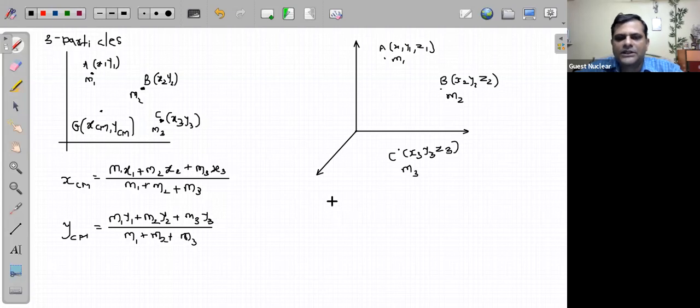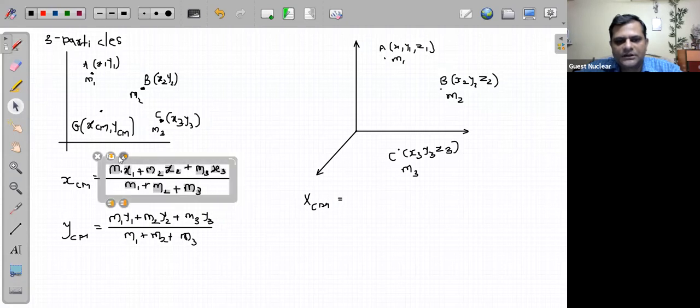Okay, so in that case the x coordinate of center of mass can again be found by using the same formula which we already have here. So the formulae we get here, we can just copy as it is.